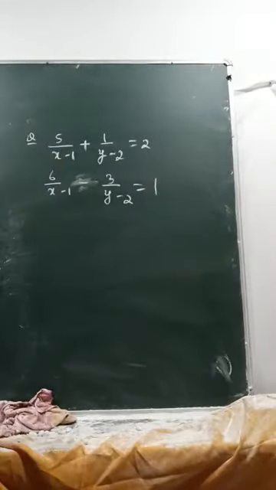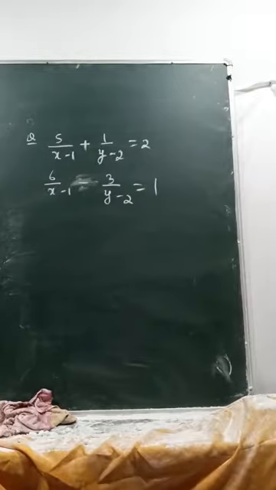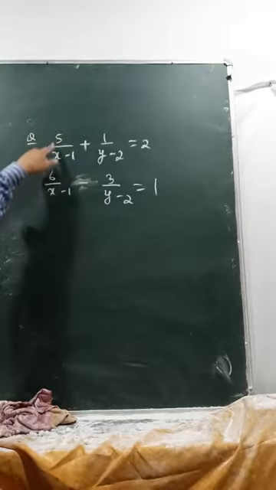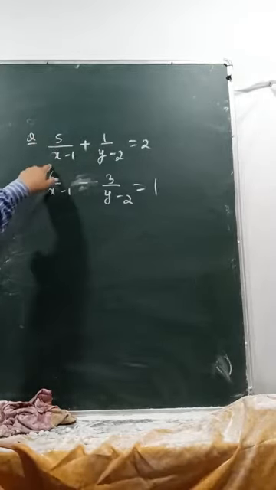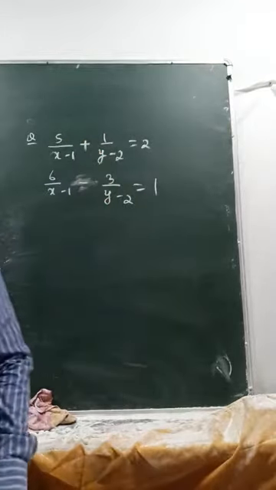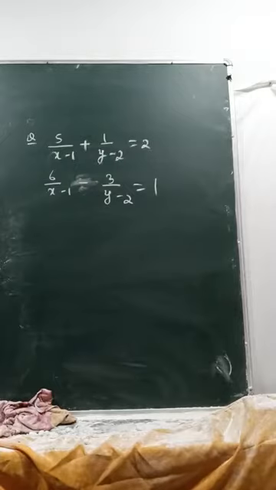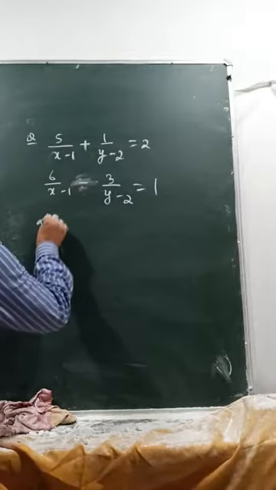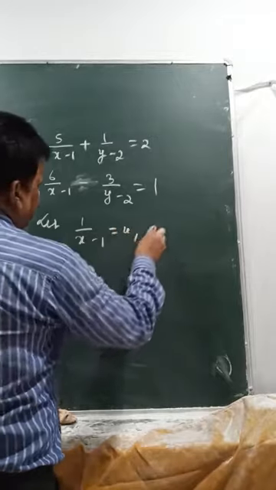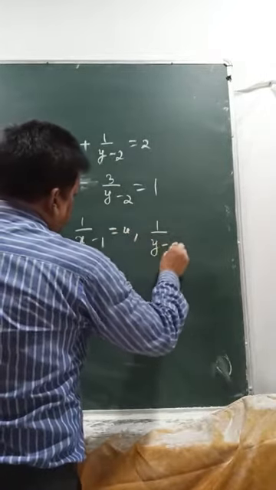So observe this question. What are you getting? 5 by x minus 1. So 1 by x minus 1 equals u, 1 by y minus 2 equals v.